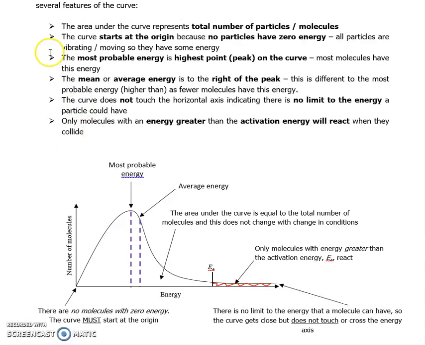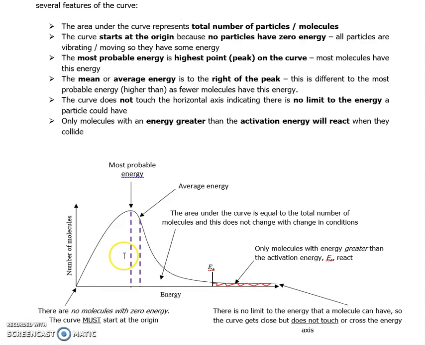The important parts are here. The area under the curve represents the total number of particles, or the total number of molecules involved in this reaction. The curve always starts at the origin because no particles have zero energy. All molecules are vibrating, and stop moving only at absolute zero.